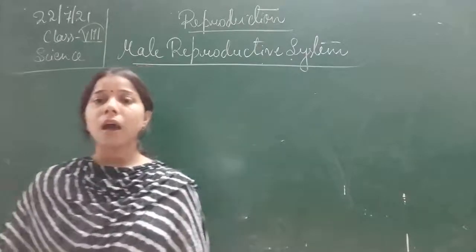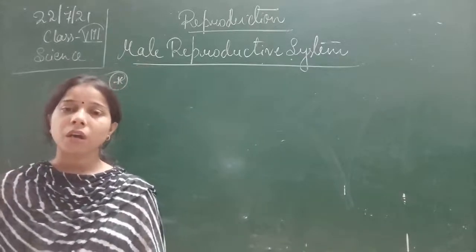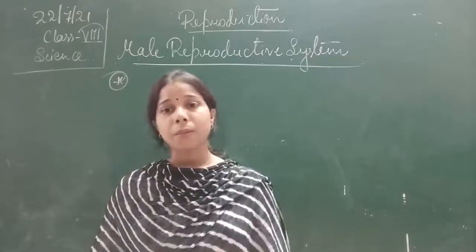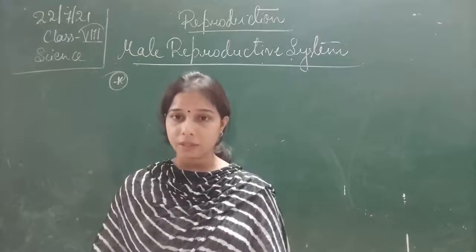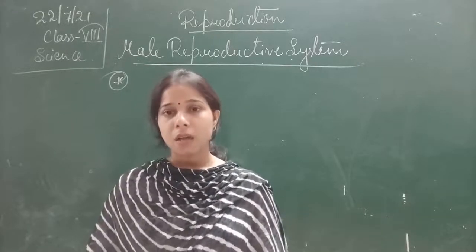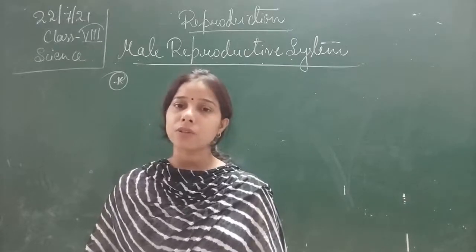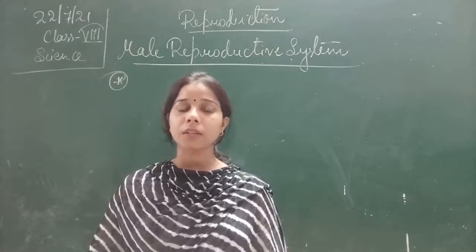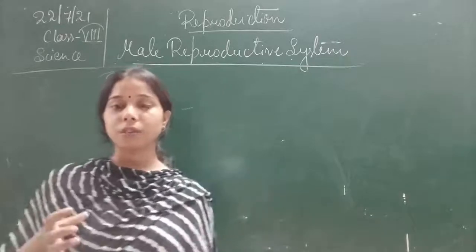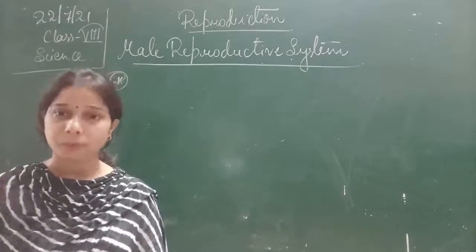We know that a highly coiled structure present outside, near the bottom of the abdominal cavity, is called the testis. This testis is a coiled structure which is responsible for giving rise to sperms.